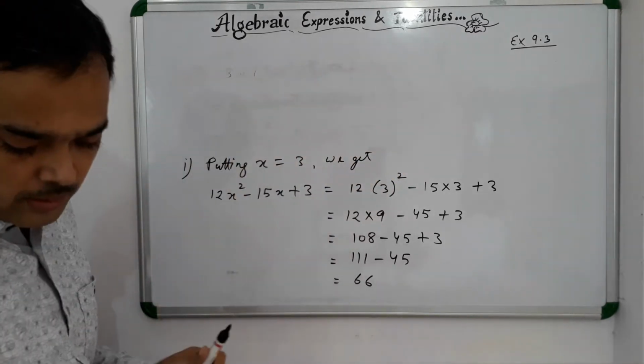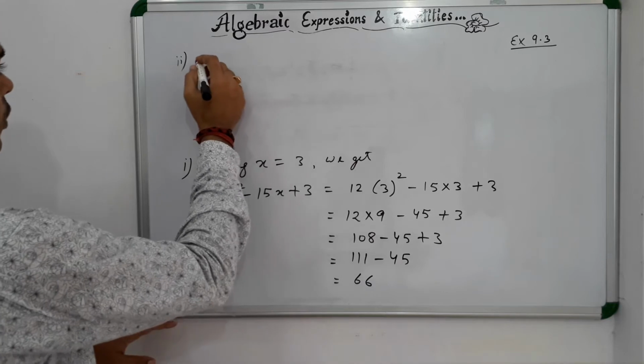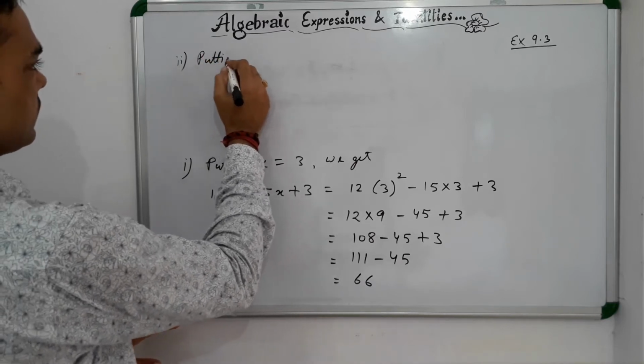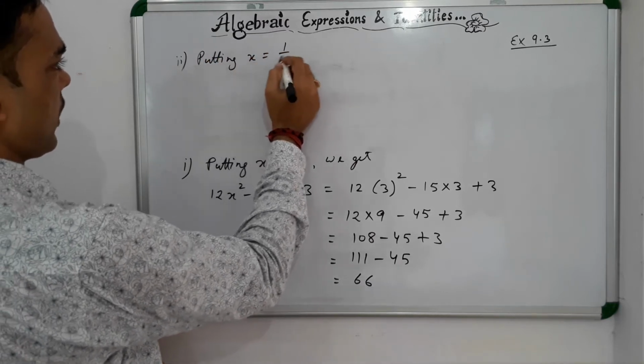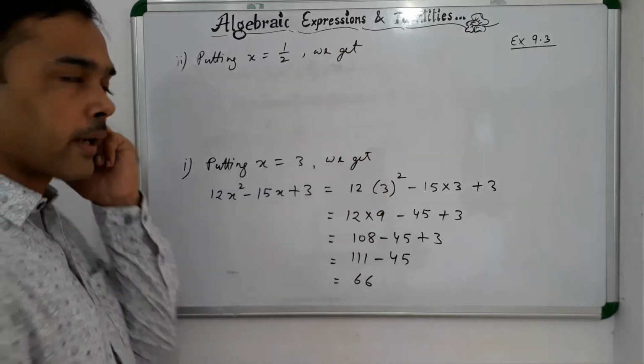What is given in the second part of this question is that now we have to put x equals to 1 by 2. What do we get? Let us see that.